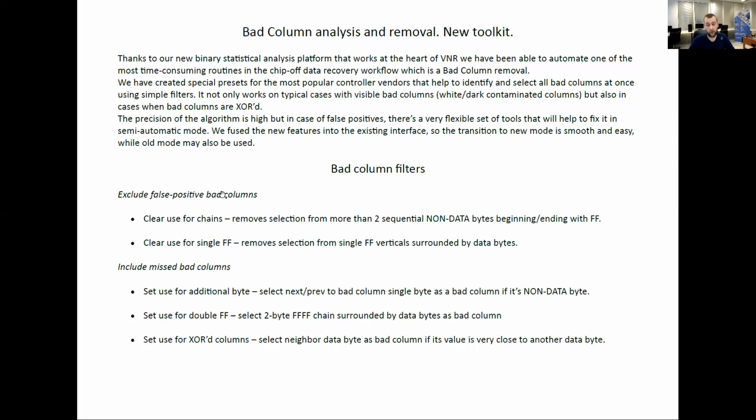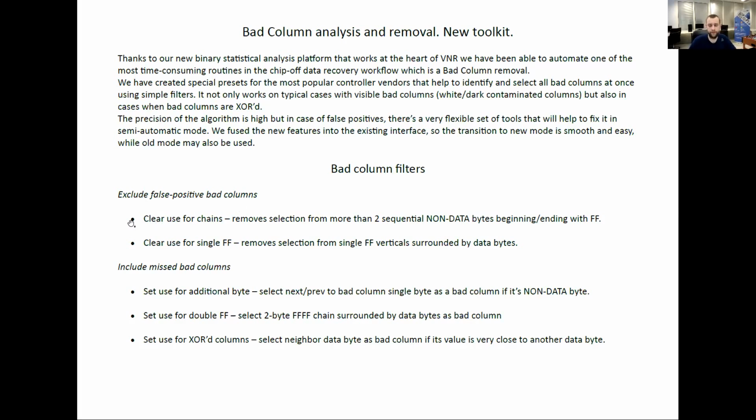We call a false positive bed column a scenario when you have something else selected as bed columns. That's going to be a false positive, right? And include missed bed columns. So this will set the flag on for the bytes that for some reason were missed, and they are real bed columns. Right, so two types of filters, basically: set flag and remove flag, according to some rule.